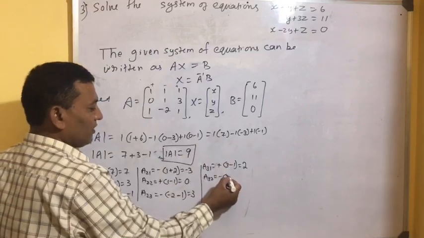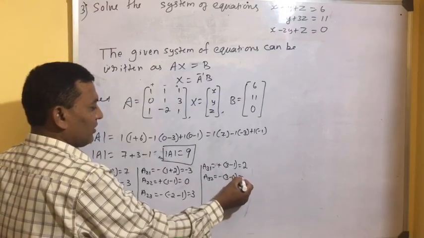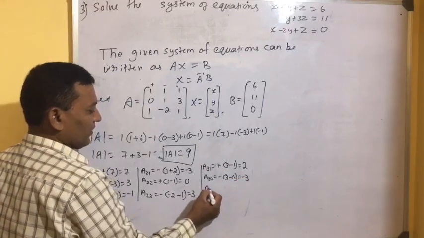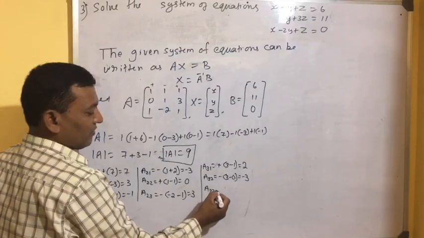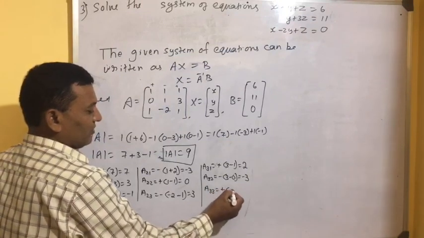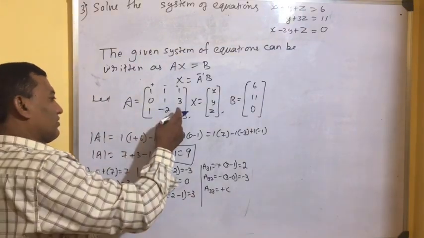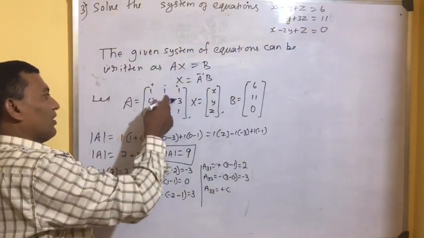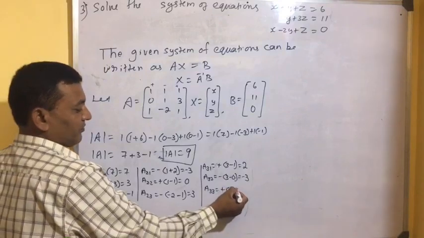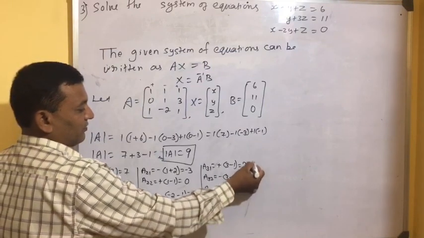It is 3 minus 0. So outside we have minus, therefore it is minus 3. Even if you miss one cofactor, your answer will not be correct. So plus, after plus it is minus, again after minus it is plus. So the last cofactor, leaving this, 1 minus 0. That is again 1.